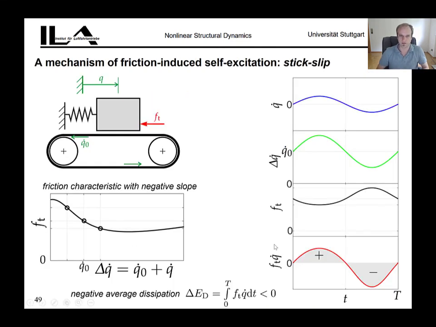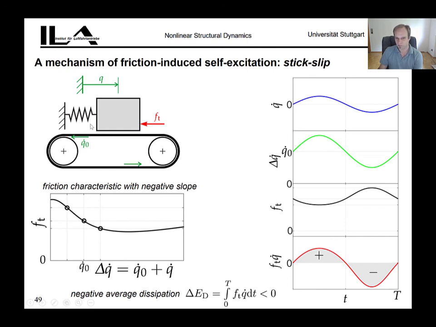A very simple model is the stick-slip oscillator model. Friction-induced self-excitation is not limited to this. There are some other forms of friction-related and friction-induced self-excitation, but this is probably the most basic form.